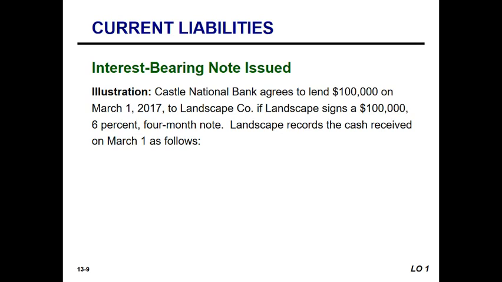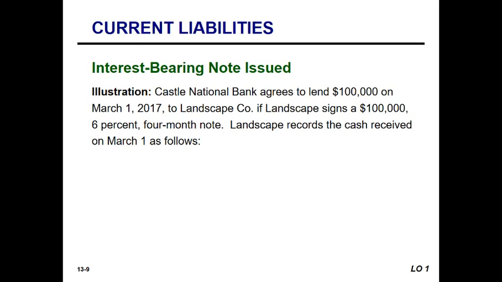We'll talk about the ones that are zero interest bearing here after a bit in this exact recording, but let's start with Castle National Bank. They agreed to lend $100,000 on March 1st, 2017 to Landscape Company. If Landscape signs a $100,000 6% 4-month note, when they actually receive the cash, the first thing they have to acknowledge is they had an increase in assets.